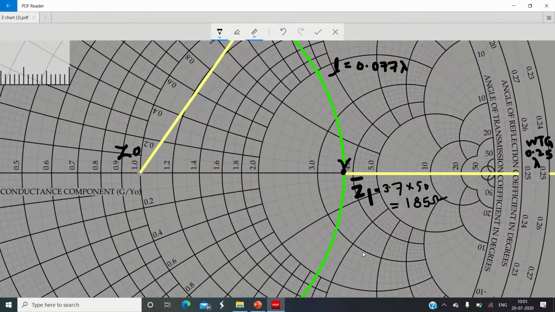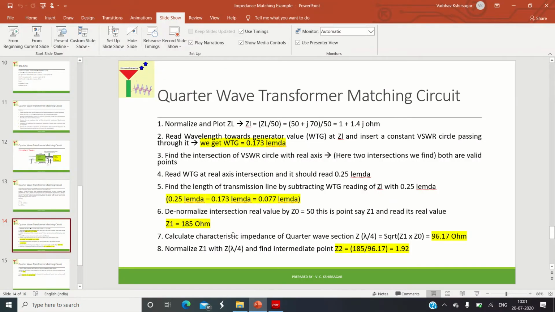Next step is to calculate the characteristic impedance of a quarter wave transformer. Okay, so come back to the slide. How to calculate the characteristic impedance of a lambda by 4 section?